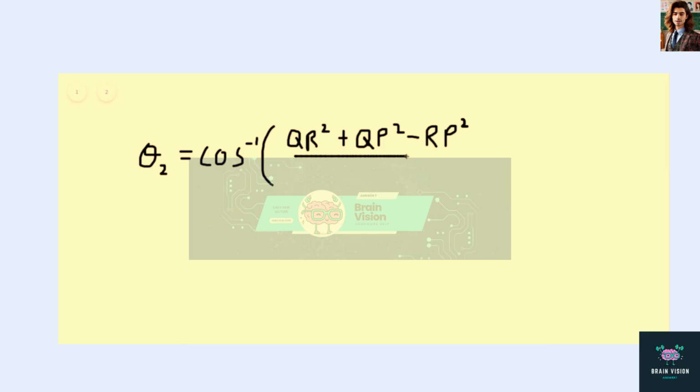And this is all going to be divided by 2 times QR times QP. Plugging those values into this expression and taking the inverse cosine of that value, we find that theta 2 is equal to 47.7 degrees.